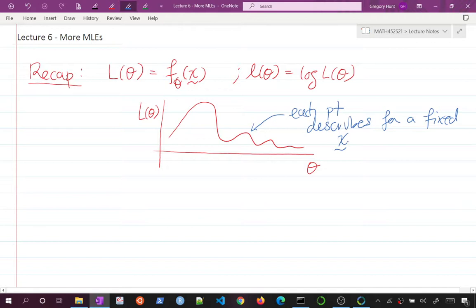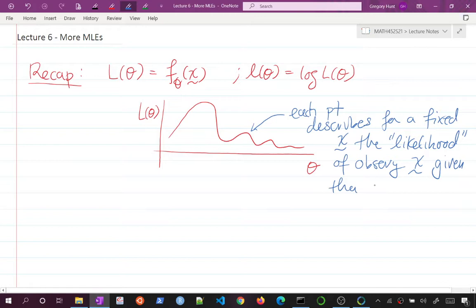The, quote, likelihood, which is the density or the probability of observing these x's given that my true parameter is some value.